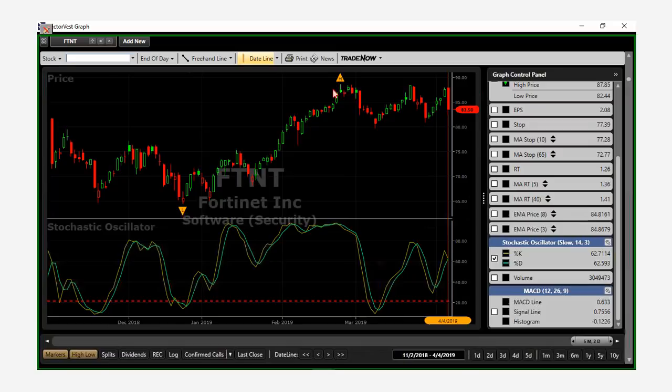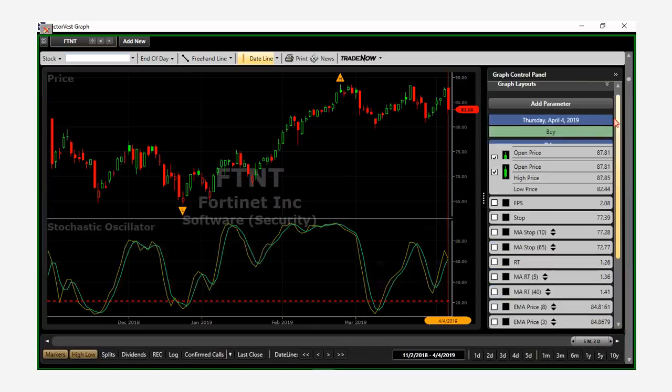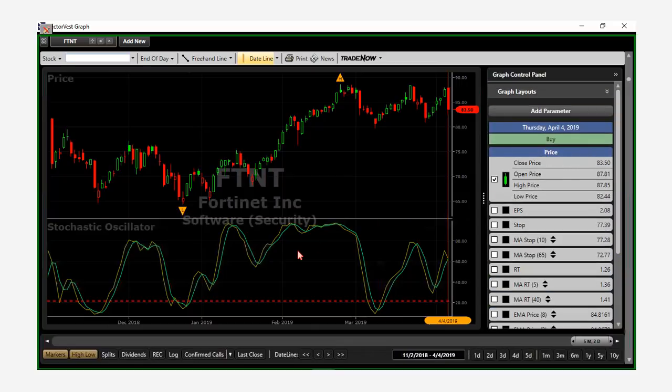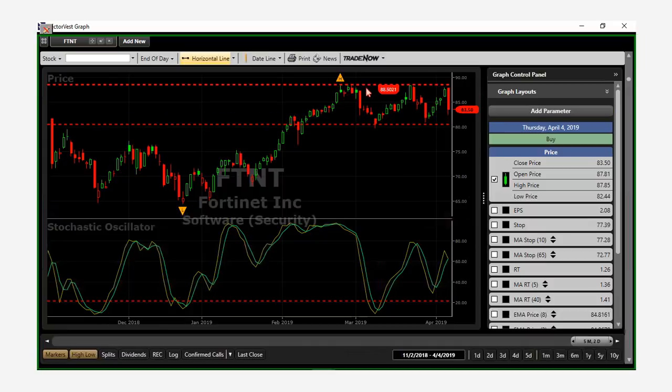What is this stock actually doing, right? It's retracing from resistance. Let me show you too, I said earlier that the VectorVest charts have a way to draw support and resistance lines for you. We can clearly see, let me just draw a horizontal line here, that this is support and this is resistance. You can draw those two lines on the chart.